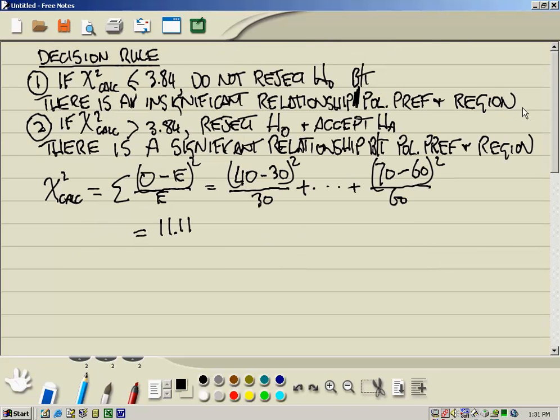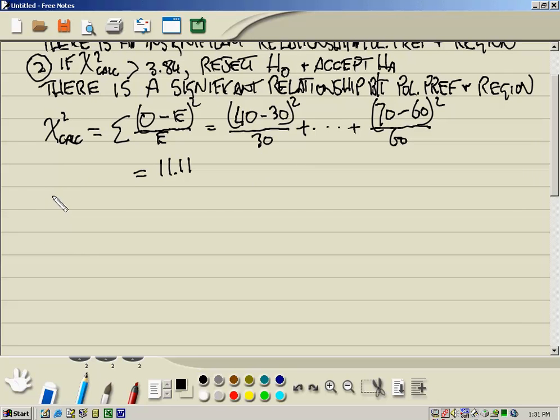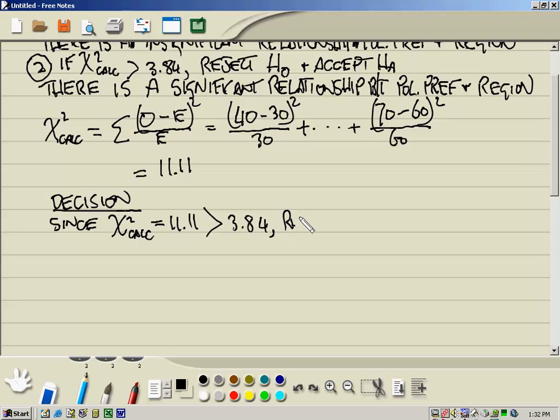So, decision. Since the calculated value of chi-squared is 11.11, which is clearly greater than the 3.84 for the critical value, we'll reject the null as being very unlikely and accept the alternate, then of course, as being very likely.